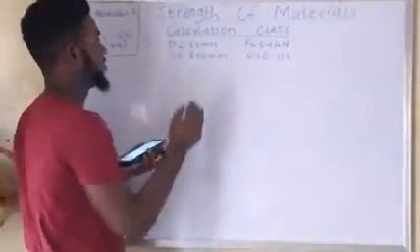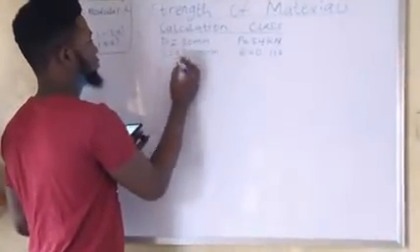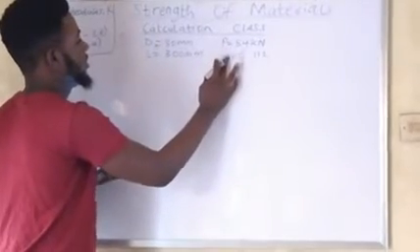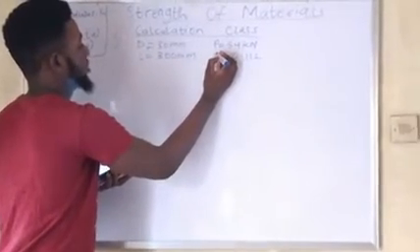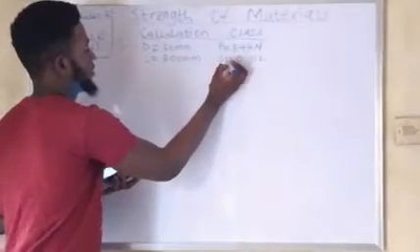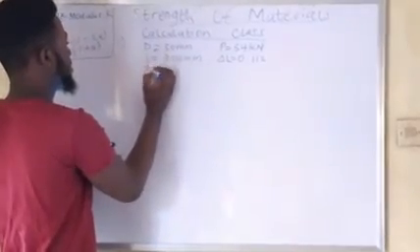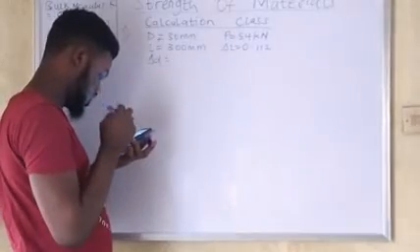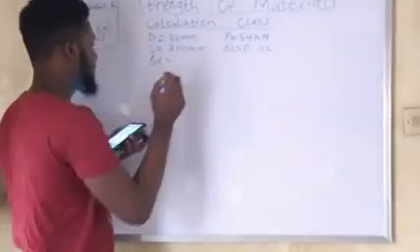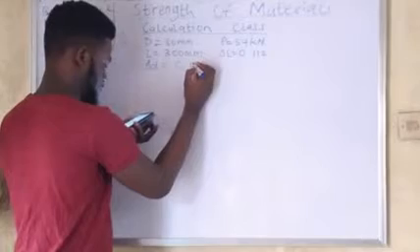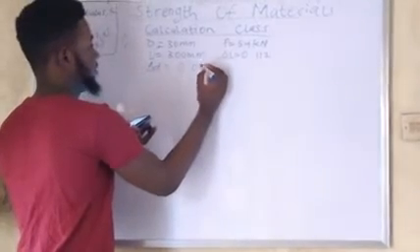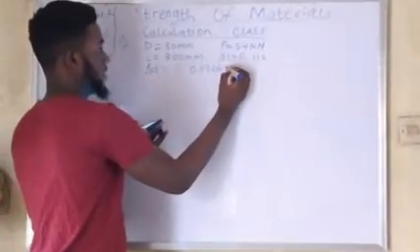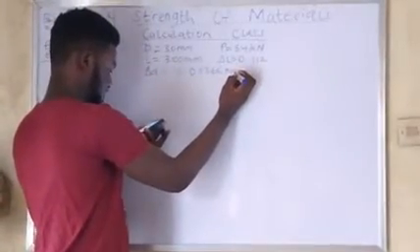We're not using the extension as E, so we use the extension as change in length. And then the change in diameter is 0.00366 millimeter. The change in length is also in millimeter.